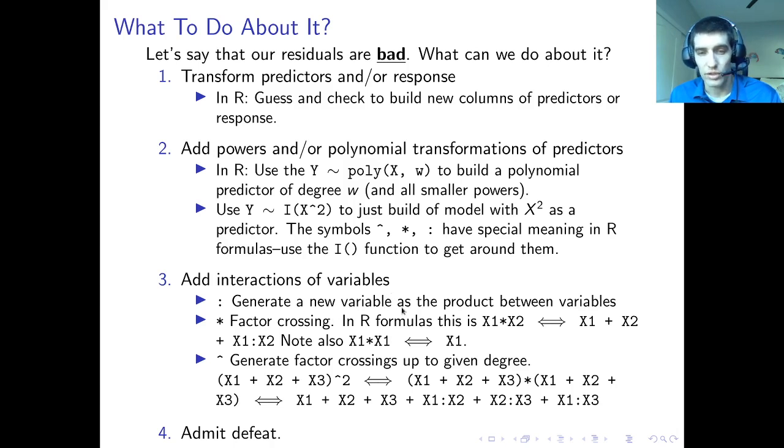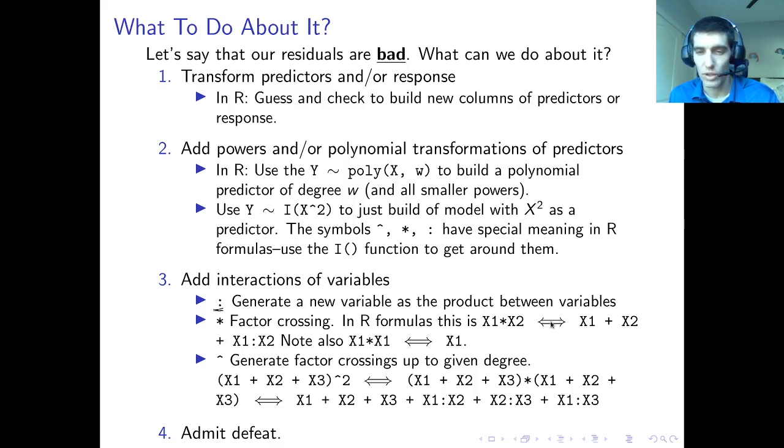If you use this multiplication sign or this colon operator, it generates a new variable as the product between variables. Multiplication is what's called a factor crossing. So a factor crossing between two variables in an R formula generates the one variable plus another variable plus their product term. This is called an interaction term.